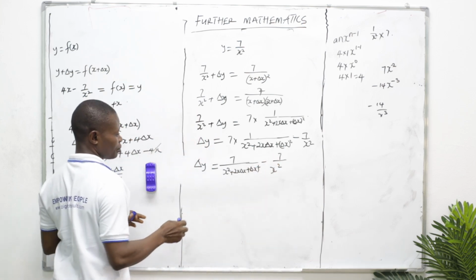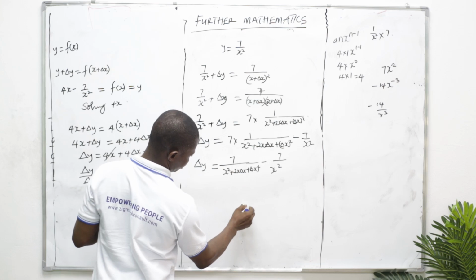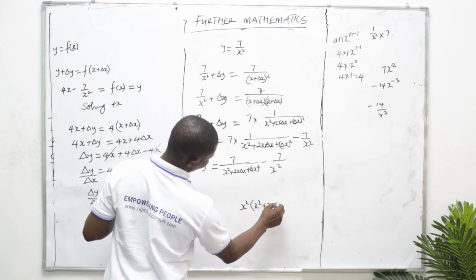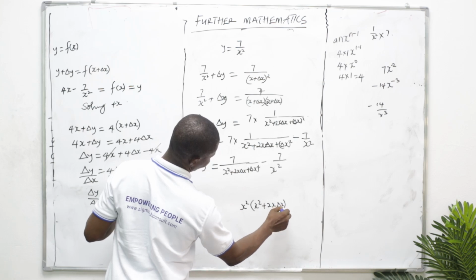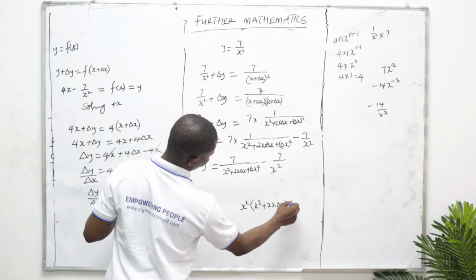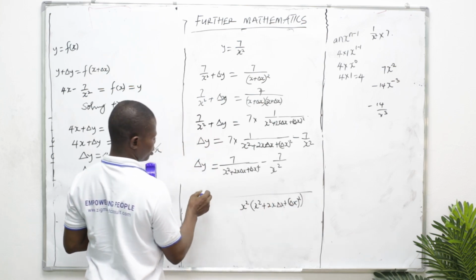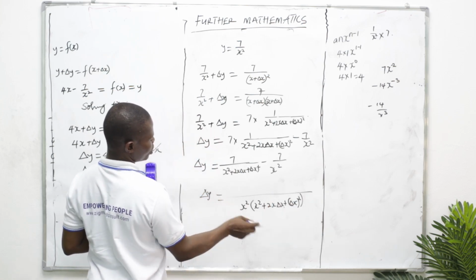Our LCM now is these two things, that is s squared into s squared plus 2s changing s plus changing s all squared. This, the y equals this.